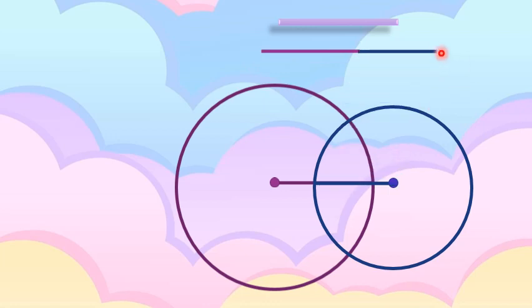When the purple radius plus the blue radius are added, they are bigger than the distance between the two centers. What is the condition? When the circles intersect each other.